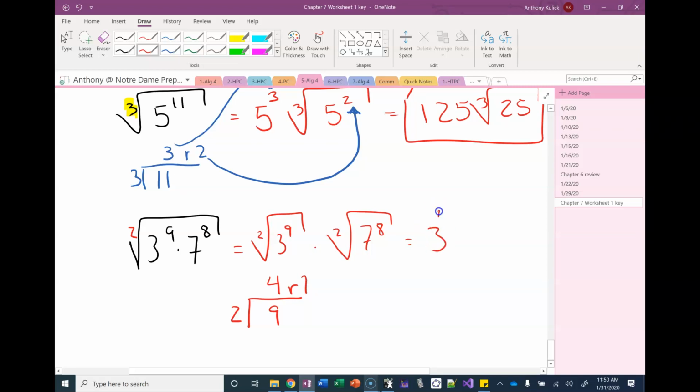So I'm going to get 3 to the 4th on the outside, and then 3 to the 1st on the inside. So this 4 is that 4, and this 1 is that 1. So this is the 9, this is the 2.